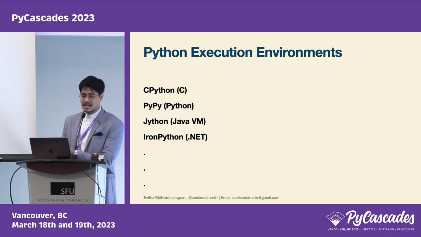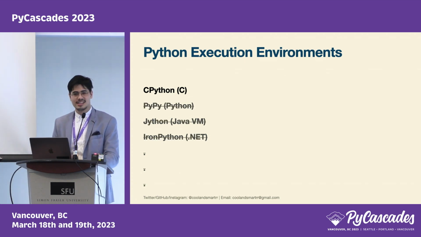Now, I'm not exactly sure about the origins of these use cases, but I could imagine that in certain organizations and scenarios, you would want to run Python on a different kind of runtime. So these alternate versions of Python were conceived to meet those requirements. For the presentation today, we'll be focusing on CPython.